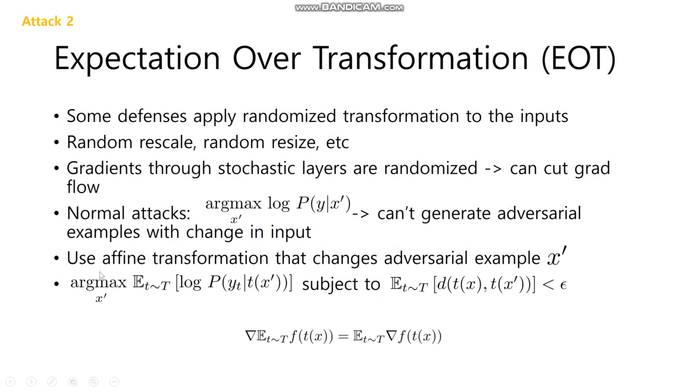So EOT has this objective, which solves this optimization problem, where the only change is this transformation and expectation. Here, still, the transformed original image and the transformed adversarial example should look similar.